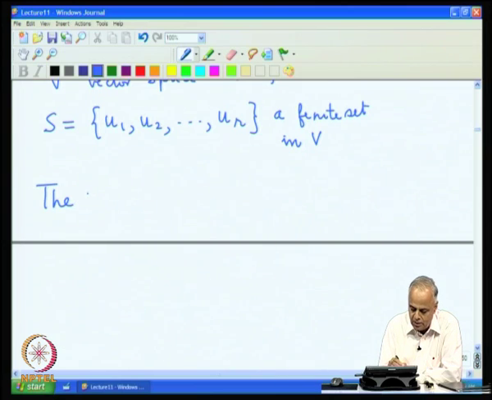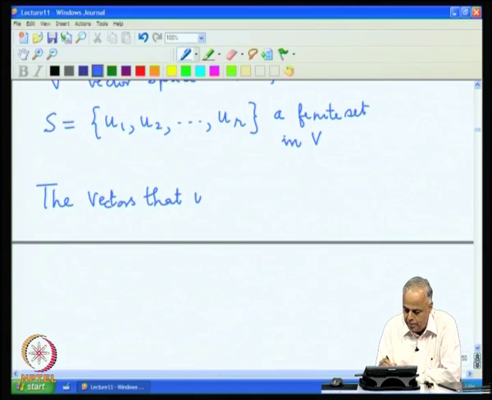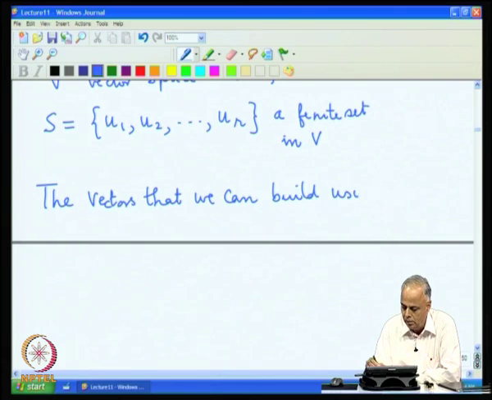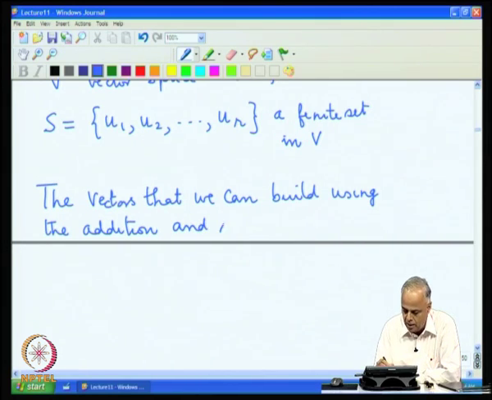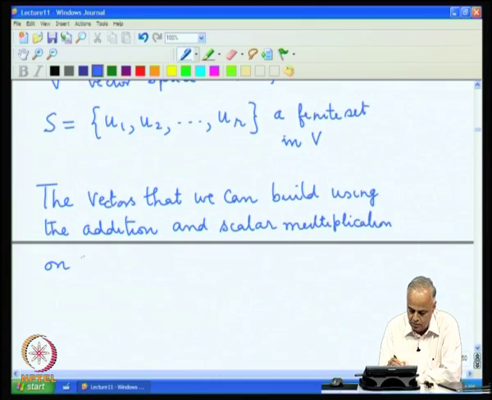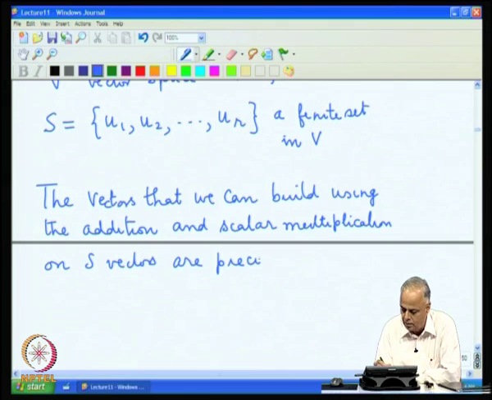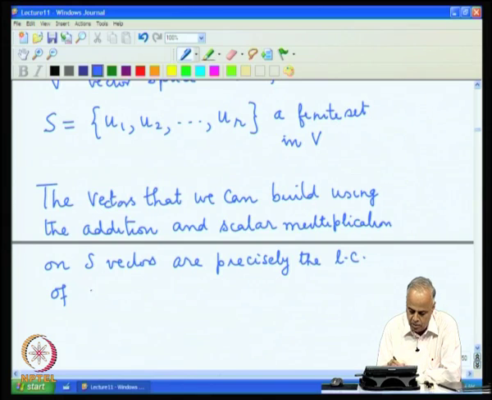So, the vectors that we can build using the addition and scalar multiplication on the S vectors are precisely the linear combinations of S vectors.